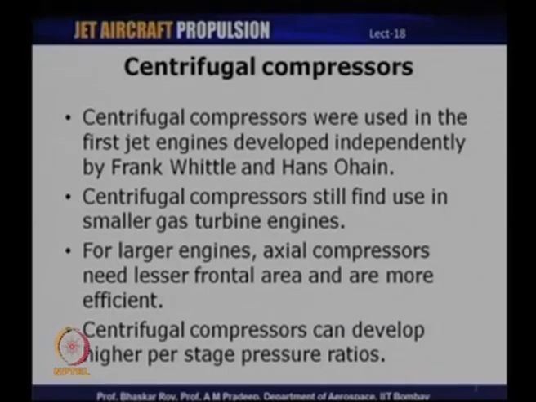And the reason is that centrifugal compressors have a larger frontal area. That is, if you have to use a centrifugal compressor for generating thrust in a large sized engine, then the frontal area can become prohibitively high, which means that for an aircraft engine, the drag of the engine would be quite high, and that is something that aircraft engineers would definitely not want to have, and therefore, they are usually limited to smaller sized engines.